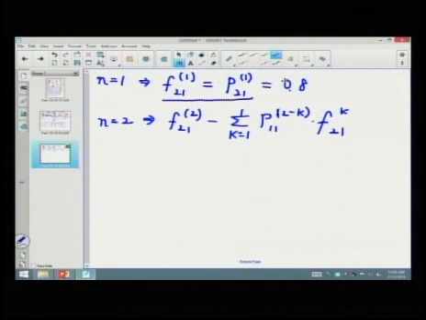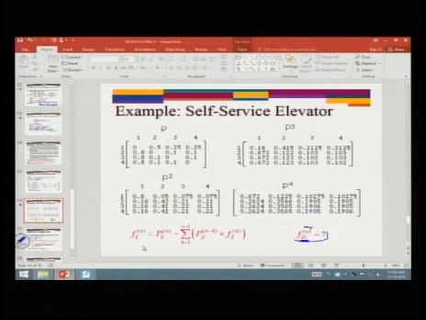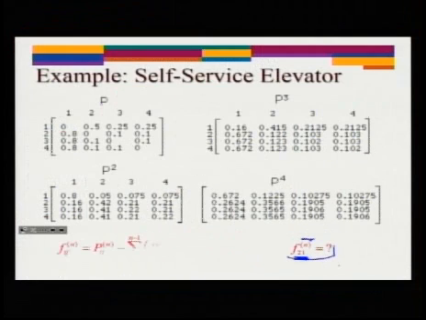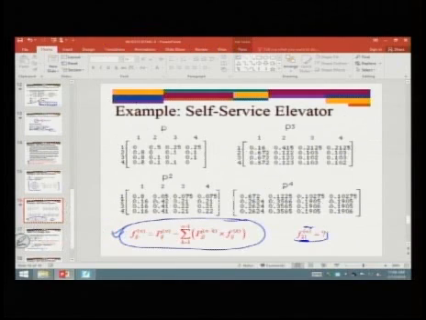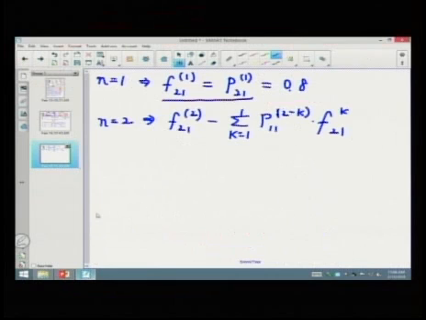Are you following me, right? So I just use this formula, right? So we're going to keep coming back to this formula. So what is this?